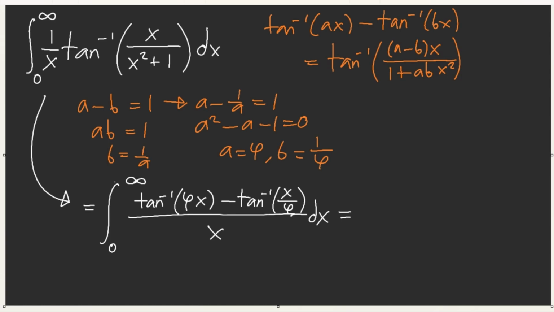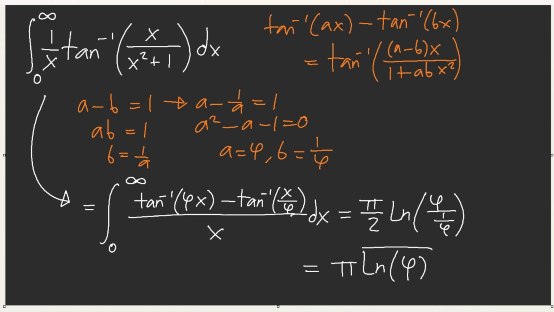We already know inverse tangent of infinity is pi over 2, and then ln of phi divided by 1 over phi, which is phi squared. So our answer is pi times the ln of phi, the golden ratio.